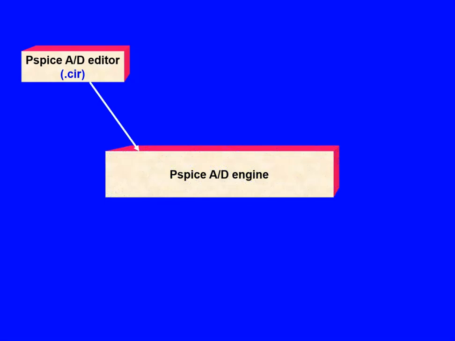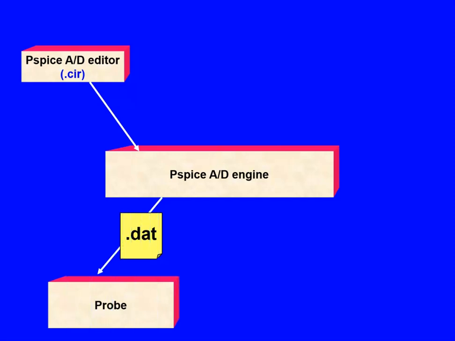There is a PSPICE editor file, whose file extension is .cir. This .cir file goes to the SPICE engine. Then it will produce the data file .dat. Then that data will give us an output in the probe file.